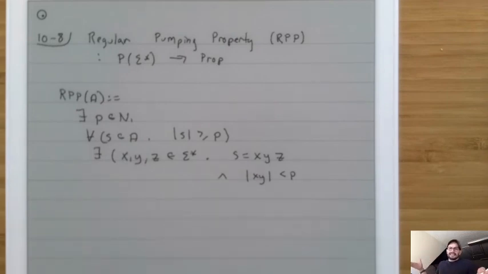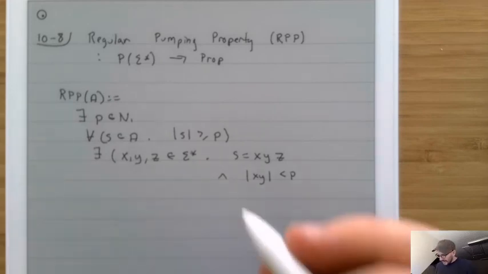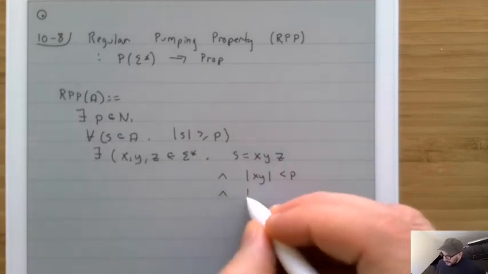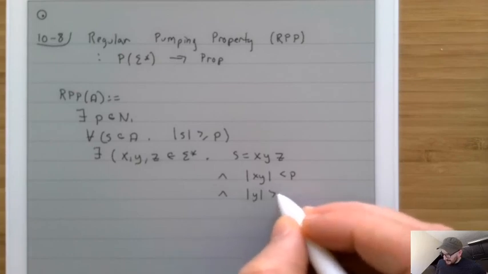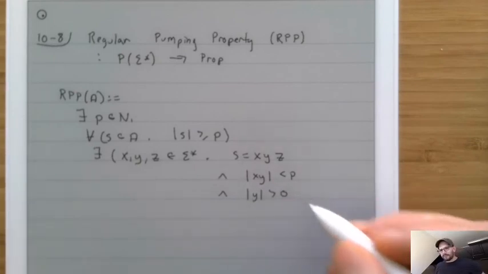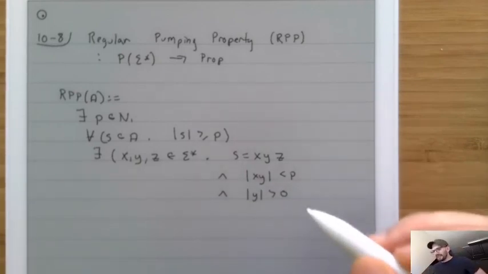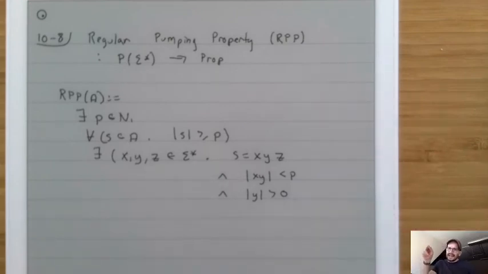And so that has to happen before we've seen the number p of states, which is, of course, the number of states in the machine. And then there's one more property, that the length of y has to be greater than 0. And why does it have to be greater than 0? It has to be greater than 0 because the loop has to actually be there. There has to actually be a loop where you start in some state and you visit some characters and you get back again.